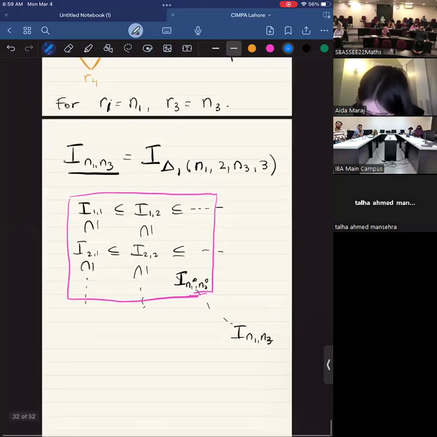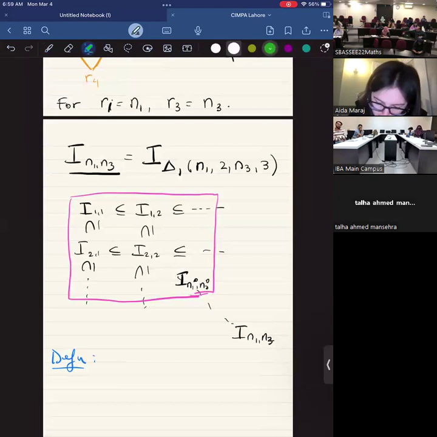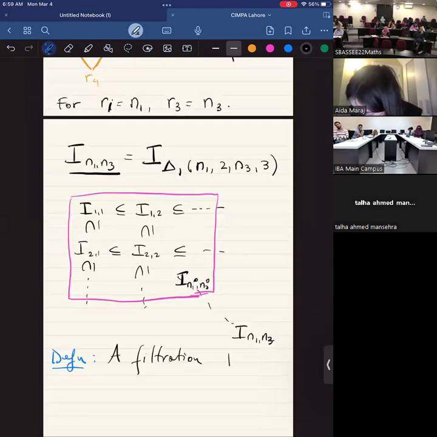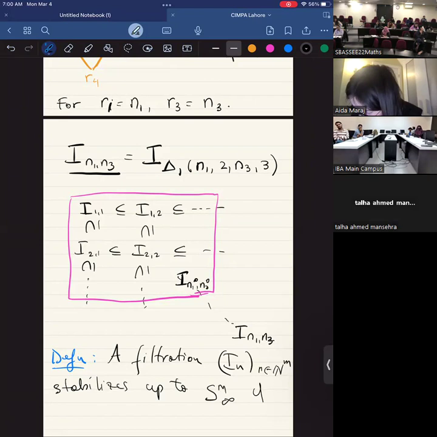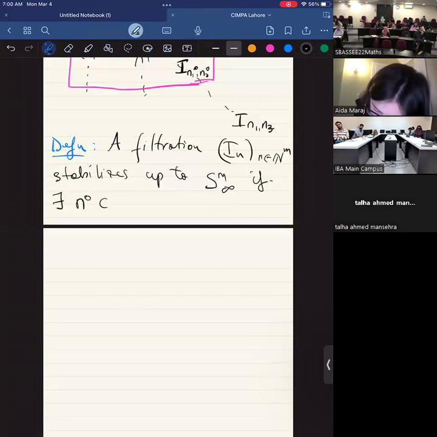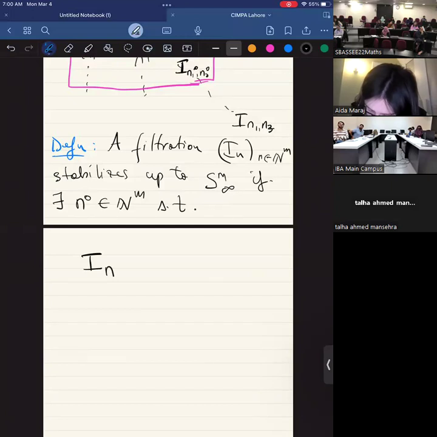So the definition: we say the filtration I_N, for N in N^M, stabilizes up to S_M infinity if there exists some N_0 in N^M such that I_N is equal to S_N applied to I_{N_0}.